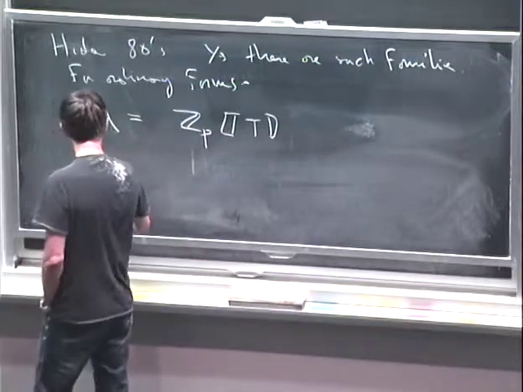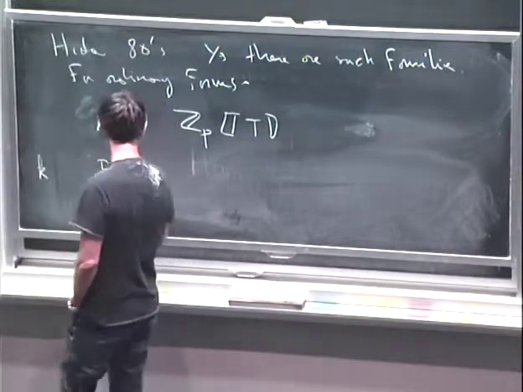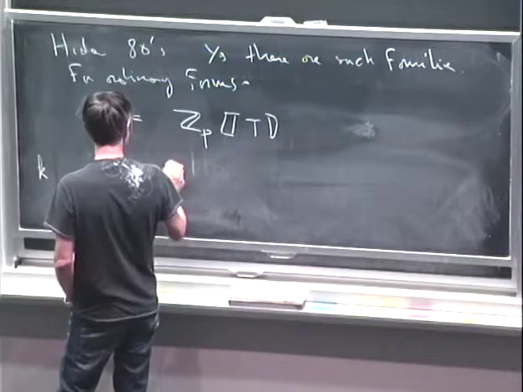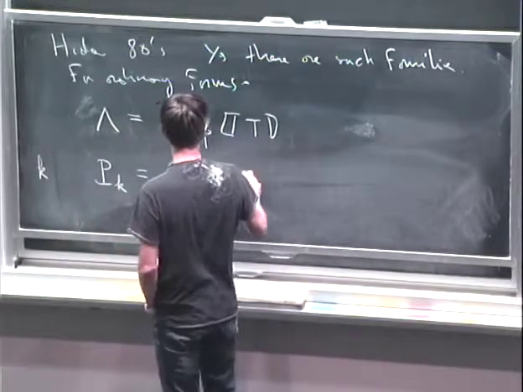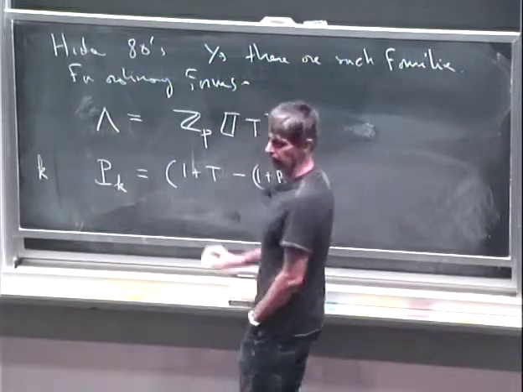So for an integer k, let P_k be the ideal generated by 1 plus T minus (1 plus p) to the power k.